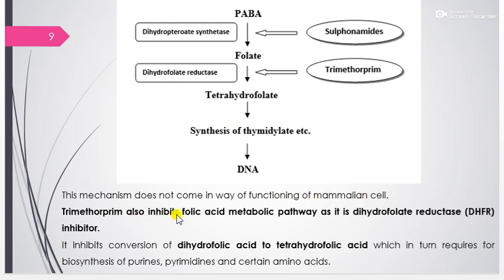Trimethoprim also inhibits the folic acid metabolism pathway as it is a dihydrofolate reductase inhibitor. You can say DHFR. It inhibits the conversion of dihydrofolic acid to tetrahydrofolic acid, which in turn is required for biosynthesis of purines, pyrimidines and certain amino acids.